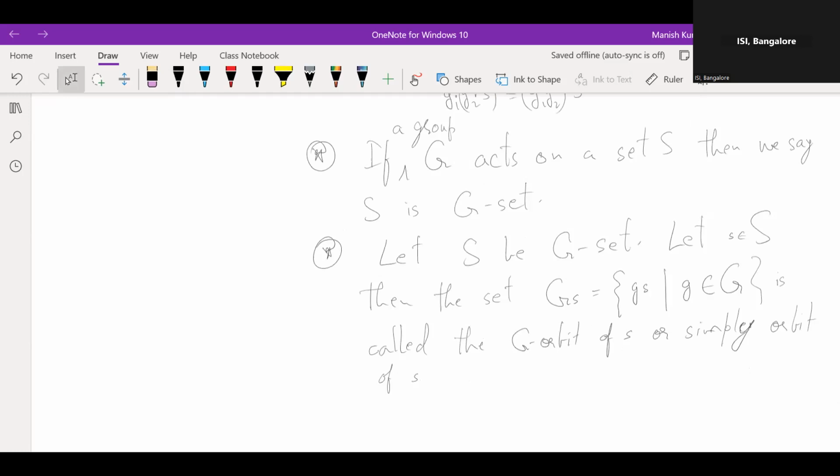So all the points where s can go under this action, the set of all points where s can go in this subset, that set is called the orbit of s. Is that okay? And then there is, so this maybe I can underline.